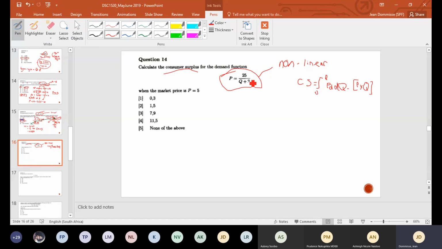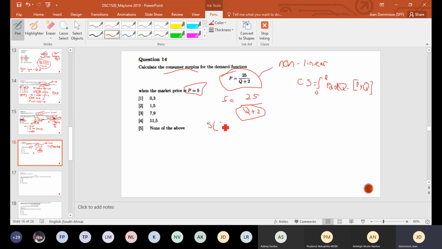And so how I normally would look at it is, they tell us the price is equal to 5. So 5 is equal to 25 over Q plus 2. To be honest, I can't work with something that I need to divide by, so I need to transform it. If I multiply on both sides with the Q plus 2, that will cancel it out at the bottom.